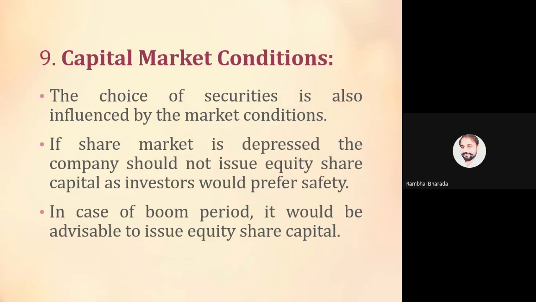Let me explain this one with an example. Suppose right now in 2021, the gold price in January, February, March, April, May, June, July, August is like this. In January, the gold price is nearby 40,000.